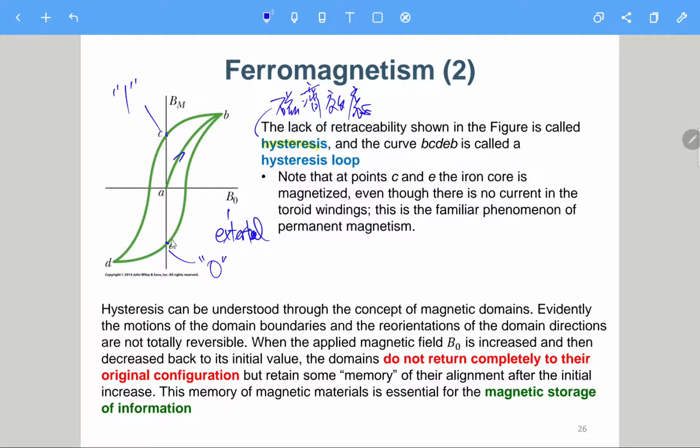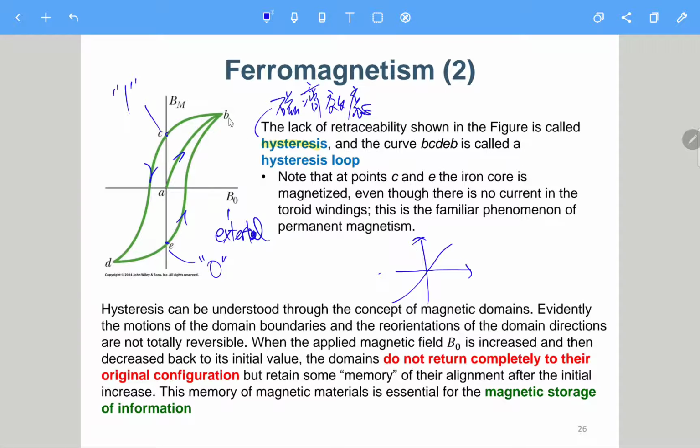If you just follow this, it is not like a single line. In the past, when we learned some laws, it was a single line, but here it is not. It is called hysteresis because it will follow this line and then go this way, and then this way, like this.